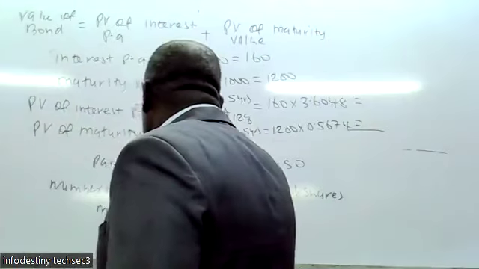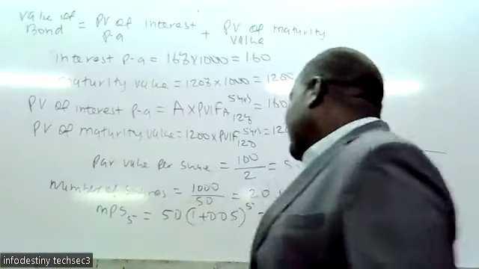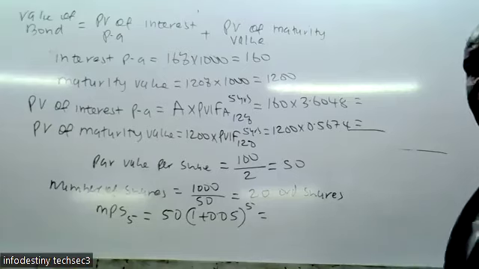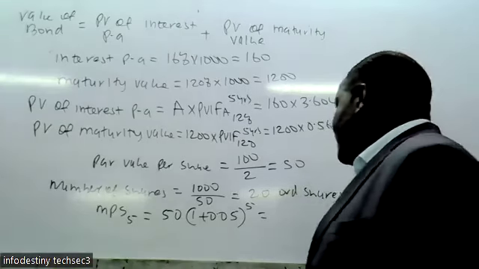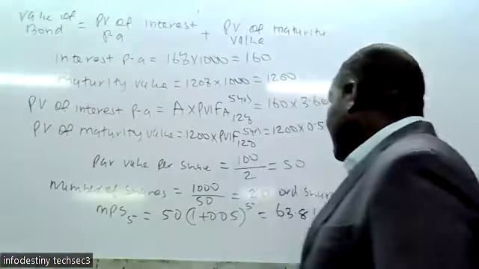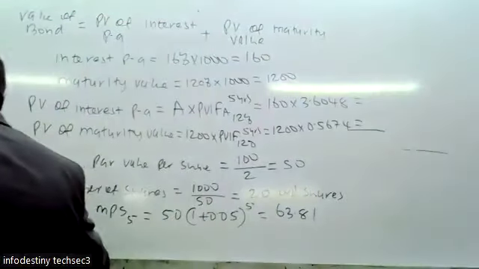So 5% is the same as 0.05, but for 5 years. 63.81.